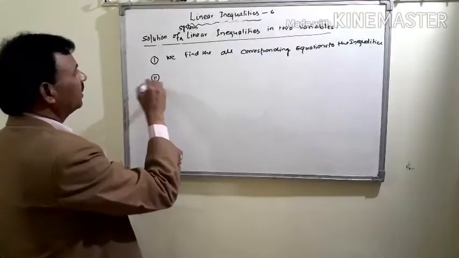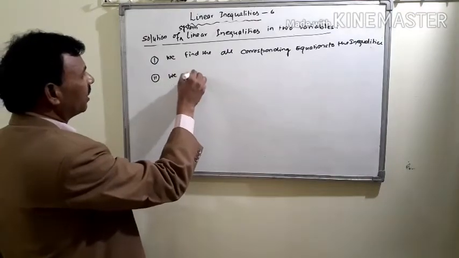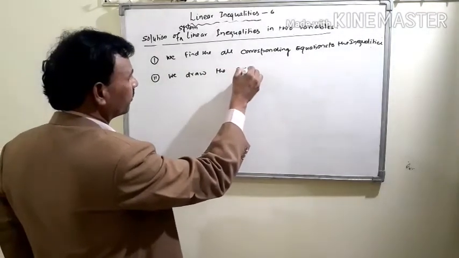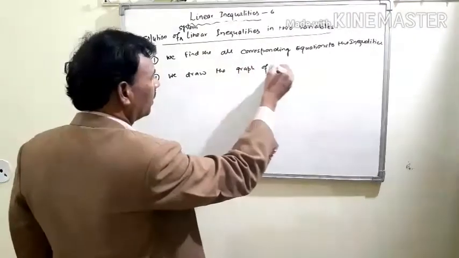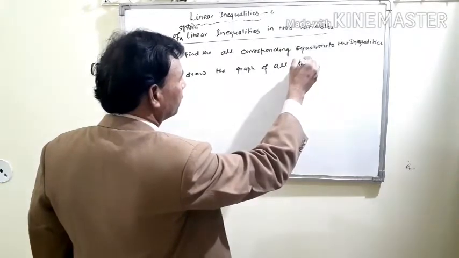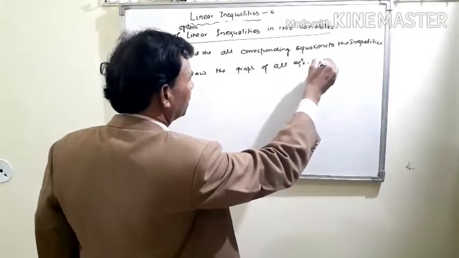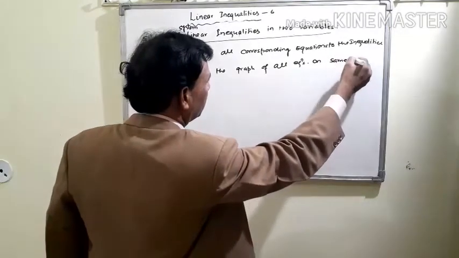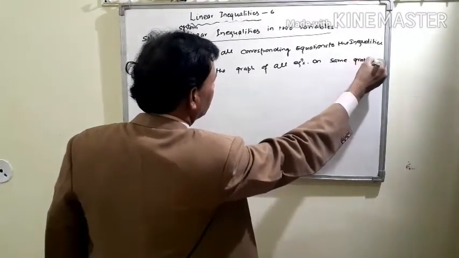In the second step, we draw the graph of all the equations on the same plane, on the same graph.